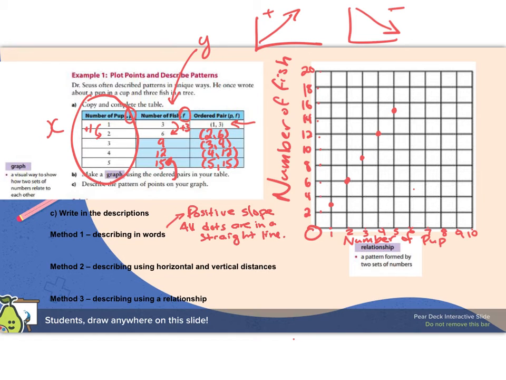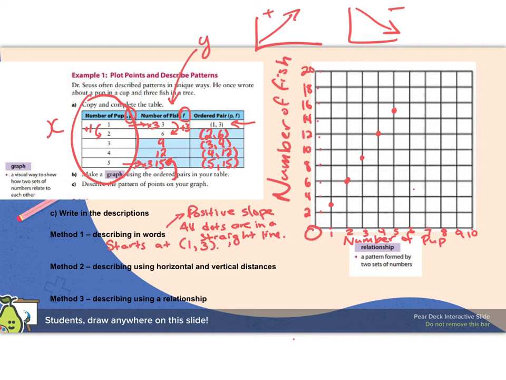And I can also see that my first dot starts at 1, 3. And then if I take a look at the pattern, I can see for pups to fish, it's always multiplying by 3, right? So my relationship is 3.